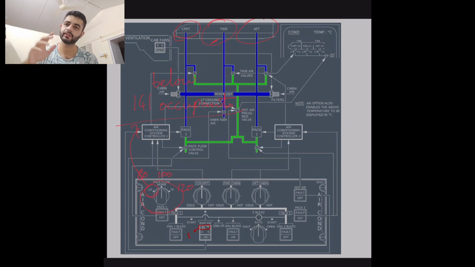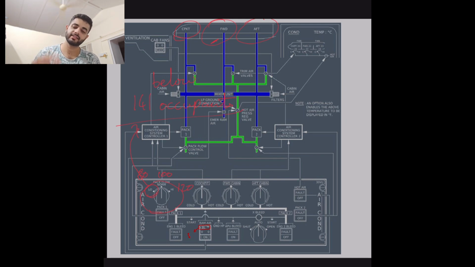The engine itself will start spooling up, or the APU will start spooling up. Spooling up means it will start rotating faster and produce more air. During cruise, the cabin crew can only control 2.5 degrees Celsius ahead or behind of the temperature which is set in the cockpit.